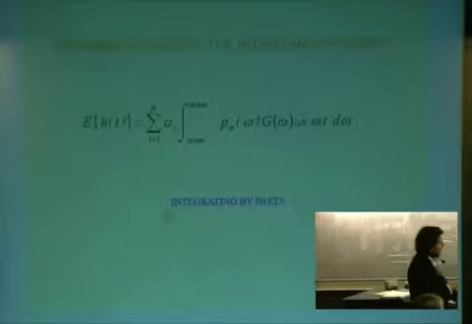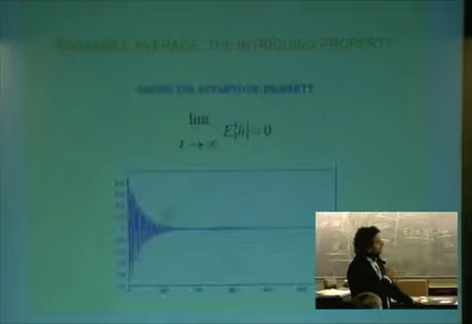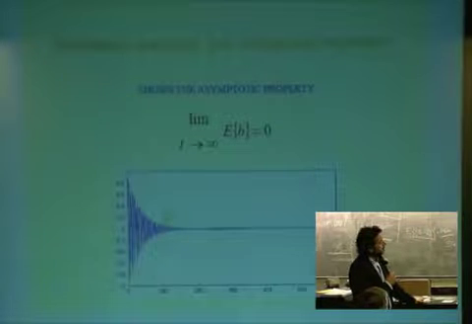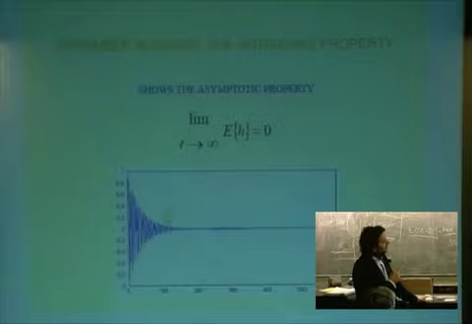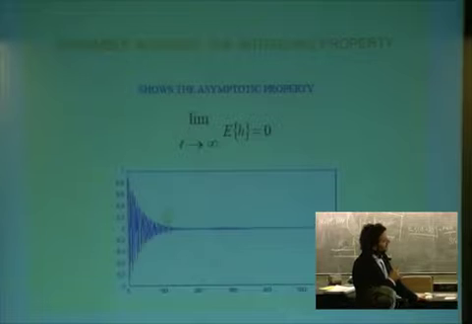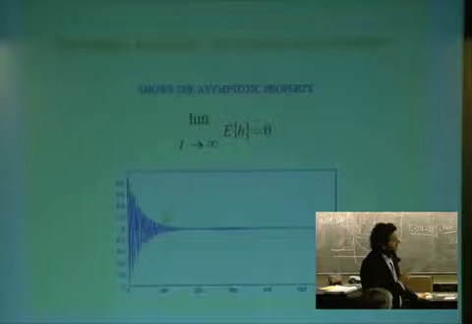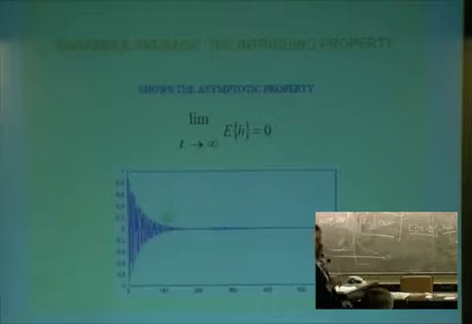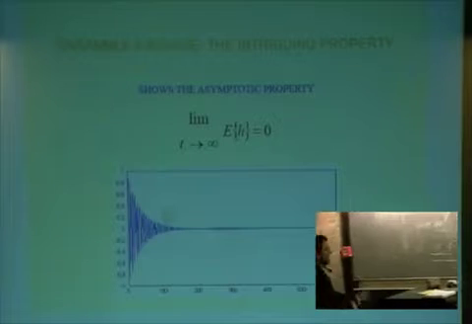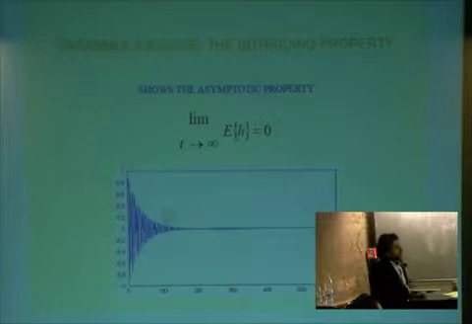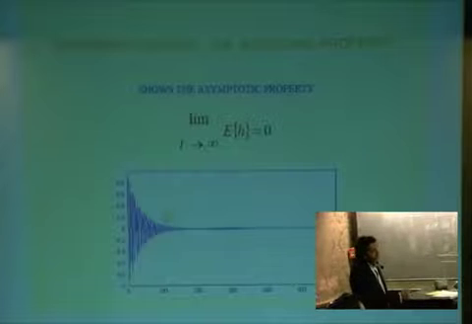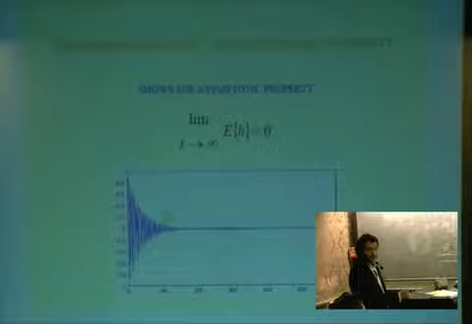With the Watson lemma, it's very easy to show that the asymptotic property holds, meaning that if you take for your population of systems the ensemble average of the impulse response, for t large, you approach 0. So the impulse response vanishes at large times.